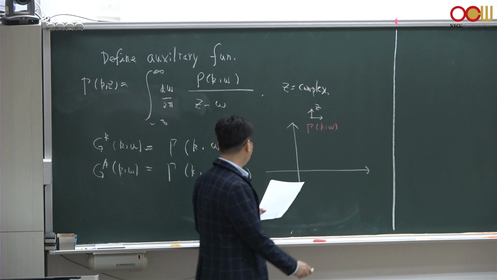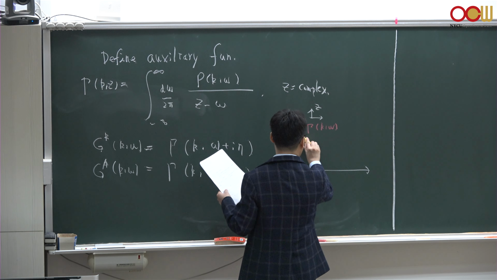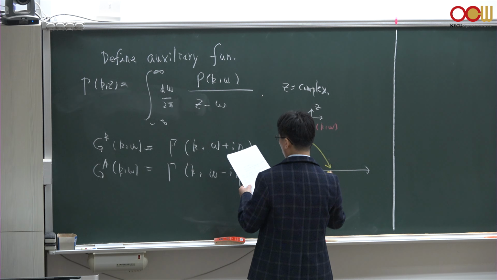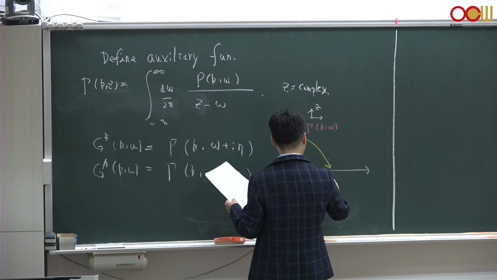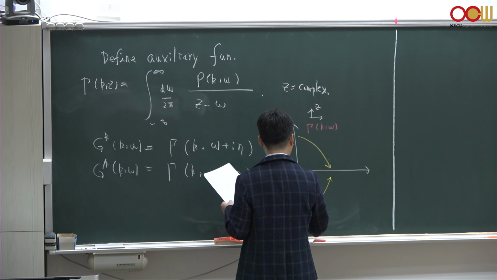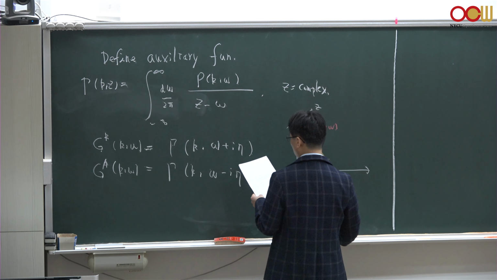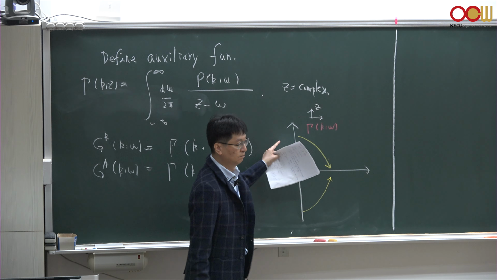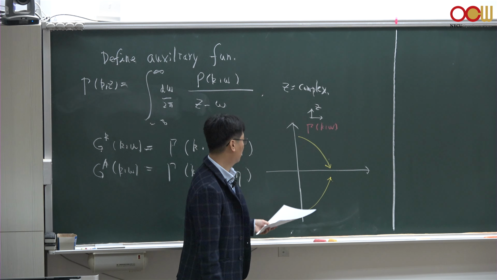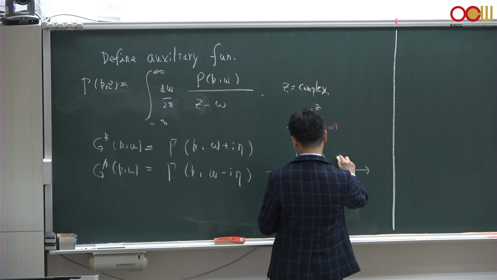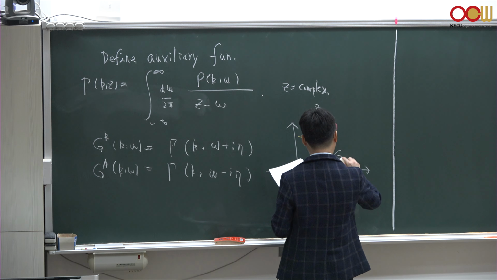Then we can take a continuation from above or from below to reach the real axis. If we take this continuation from above, then we can define the G retarded.